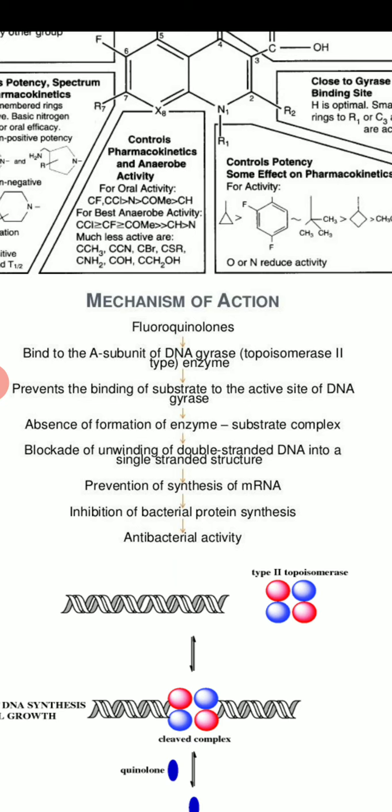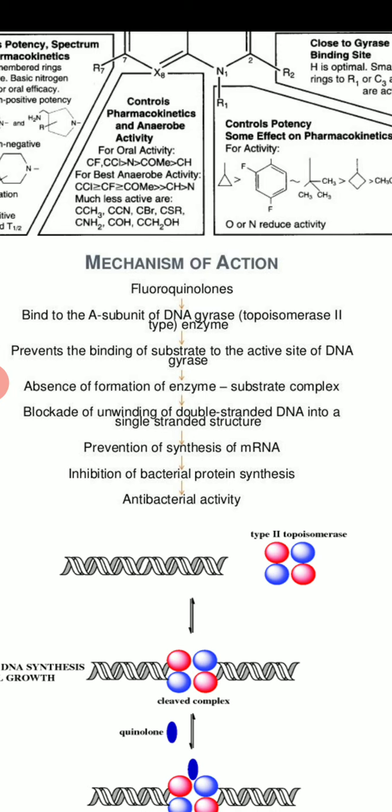At position 5, it may be substituted by an electron donating group like an amine group, which improves the pharmacokinetic parameters of the drug. What are the pharmacokinetic parameters? That is the ADME of the drug. At position 8 of second generation quinolones, it may be substituted by some halogen or methoxy group, and position 7 must be substituted by a piperazine ring, number two N-methyl piperazine, number three pyrrolidine.